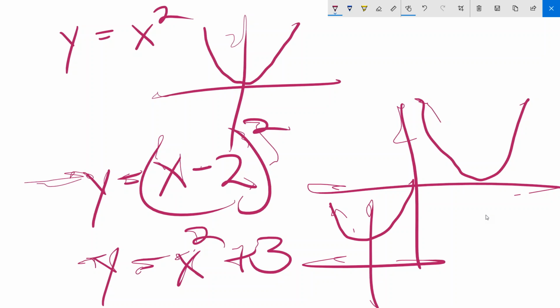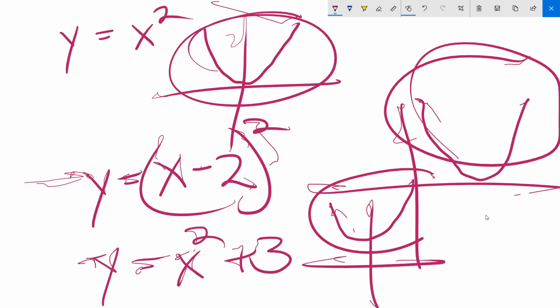All quadratics graph as parabolas. That's a parabola, that's a parabola, that's a parabola. Yeah, that was definitely on the list. Sometimes parabolas look like that. They're upside down. But they're going to look either right side up or upside down. That's it. Yeah. Okay.